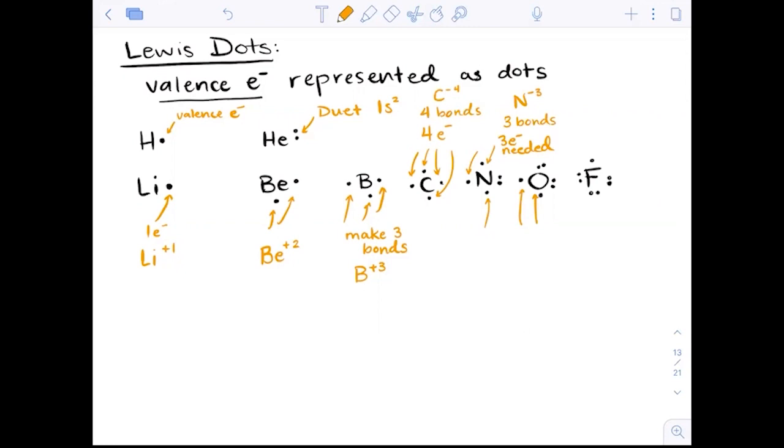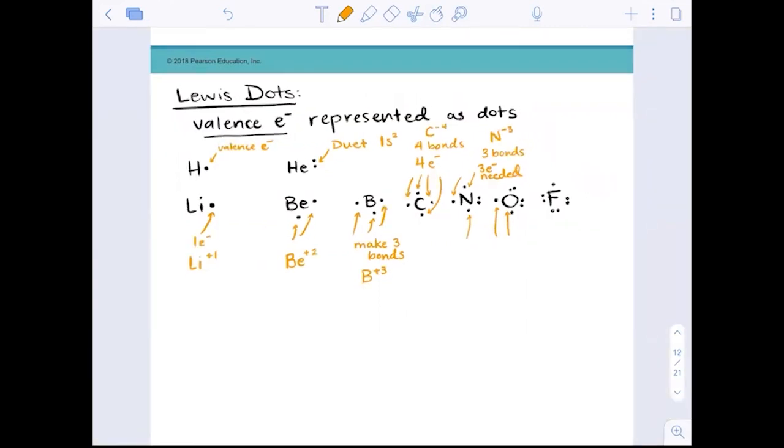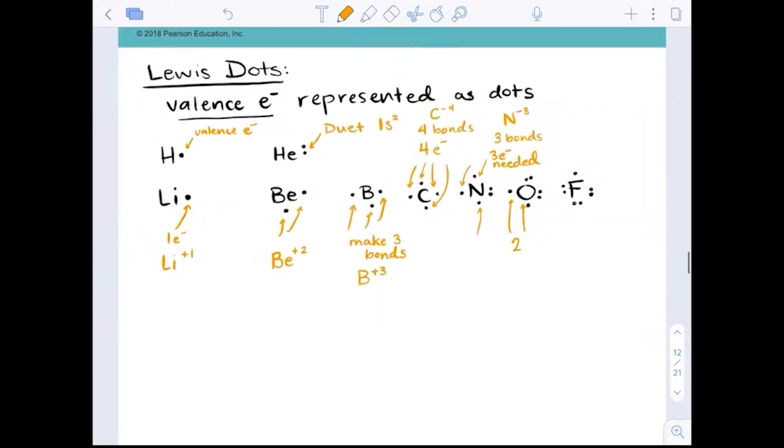And so when we're looking at these Lewis dot atoms, they're a simplistic way of truly getting to the heart of what quantum mechanics is telling us. 2 electron spaces for oxygen, so he typically makes 2 bonds, or we'll see oxygen -2. And there's 1 electron spot for fluorine, so 1 bond, or F-1. So a lot of different things with these.